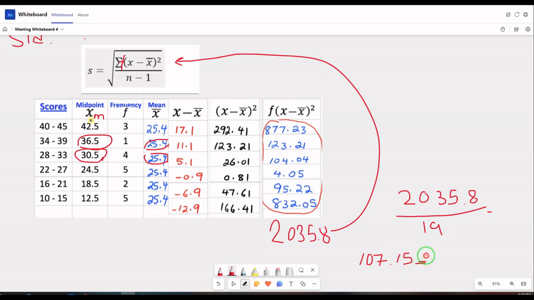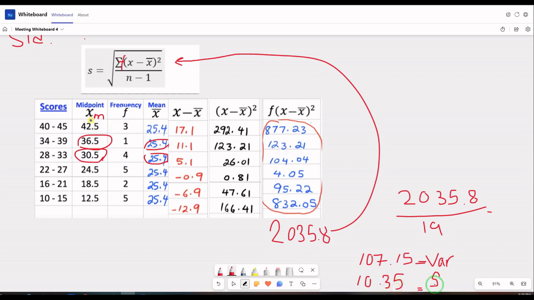And if you take the square root of your variance, right, it will give you your standard deviation. So the square root of your variance again would be your standard deviation. So put it in your calculator and try to find the value. It would be something around 10.35.